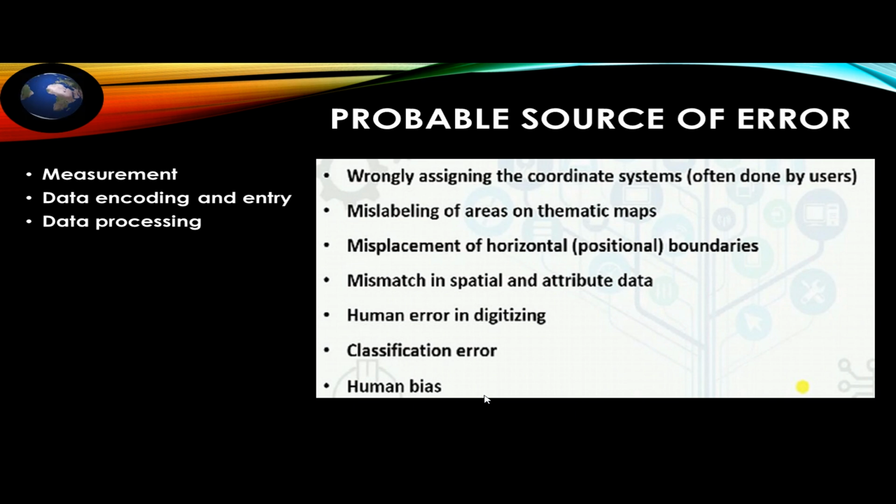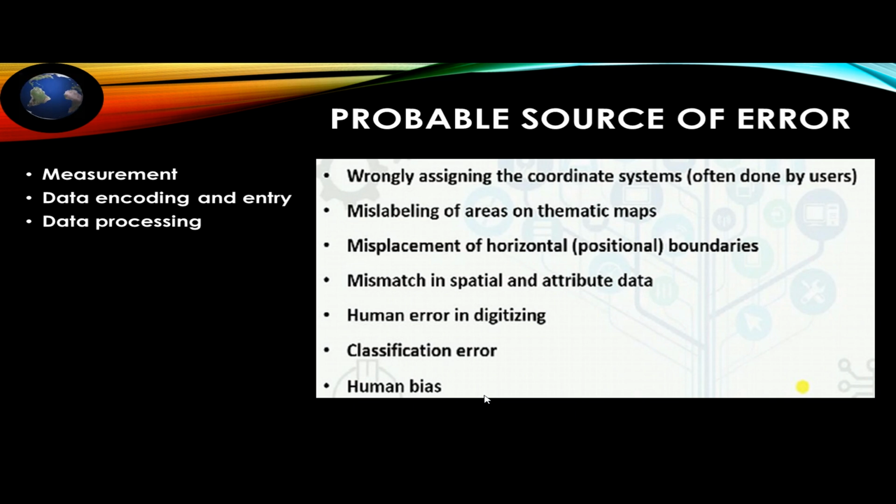I have seen 30 degrees, 40 45 minutes and some seconds. Then I just considered 30 degrees 45 minutes, and mentioned another coordinate. A few minutes or few seconds of deviation also causes wrong georeferencing or wrong assignment of the particular feature. So that is wrong assigning of the coordinate system. I am speaking about georeferencing.